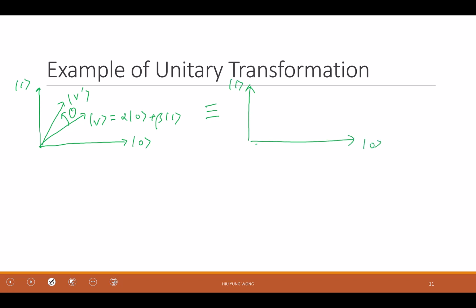Right? I have this coordinate. I have V equals alpha 0 plus beta 1. Now, if I rotate the coordinate, it becomes 1 dash by theta, 0 dash by theta in another direction.